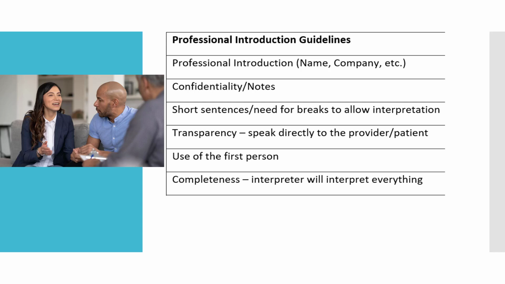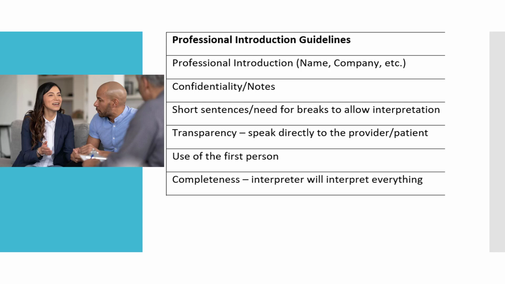Later on, we will talk about the adequate time and how to do it, when to do it and things like that. Right now, let's concentrate on what should be said, so what the professional introduction should include.